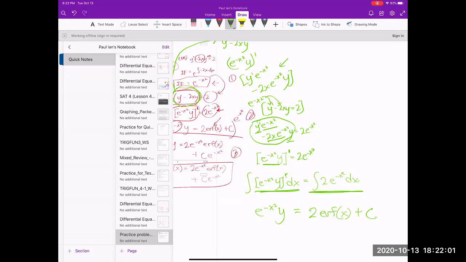Wolfram. Let me see. Is it because of the negative there? It's just one of those tables that you have to look at. This is actually one that's familiar. I've seen this before. So integral of e to the minus x squared. Let's see. Yeah, you're going to get an erf function.